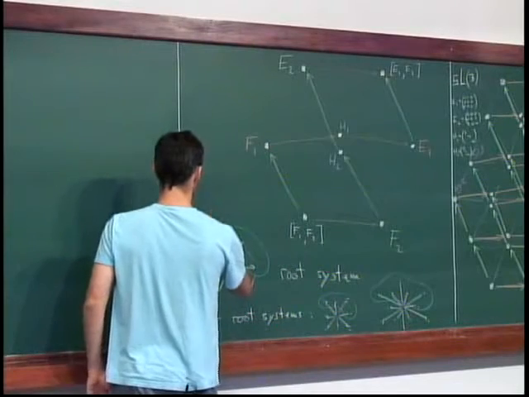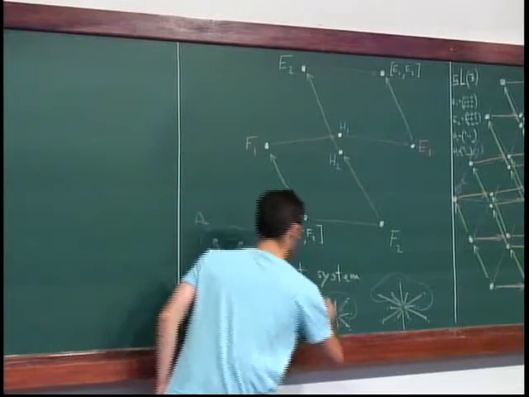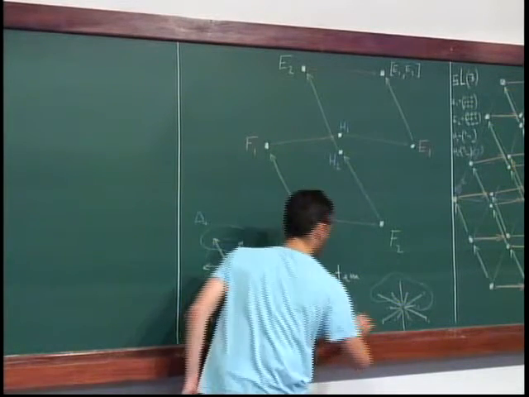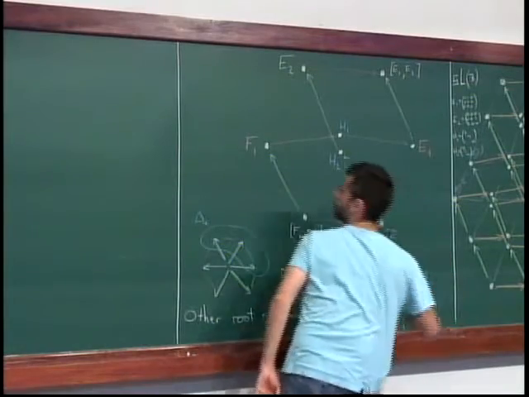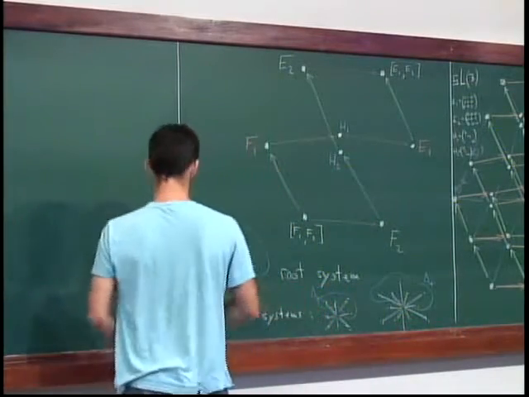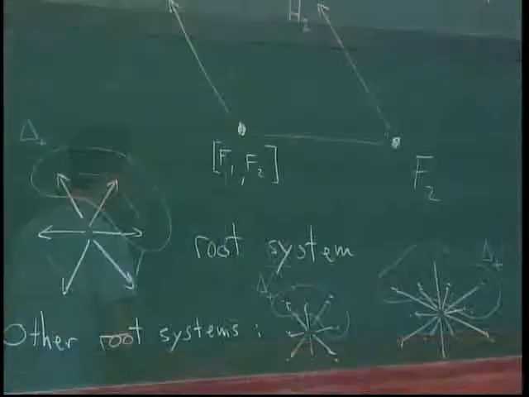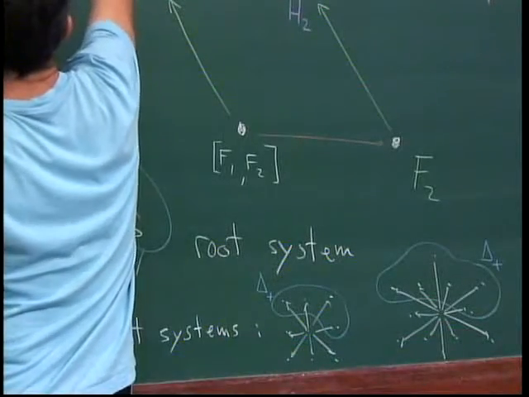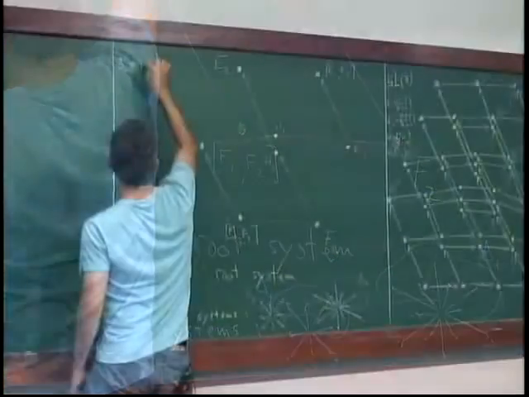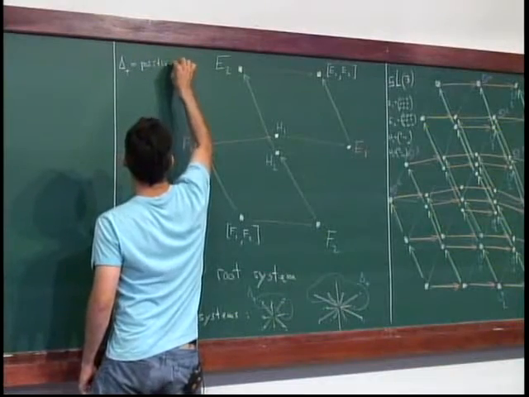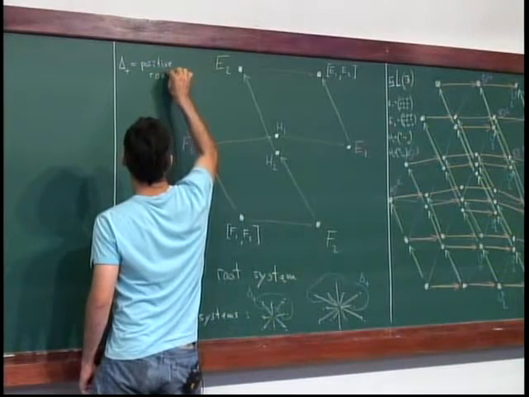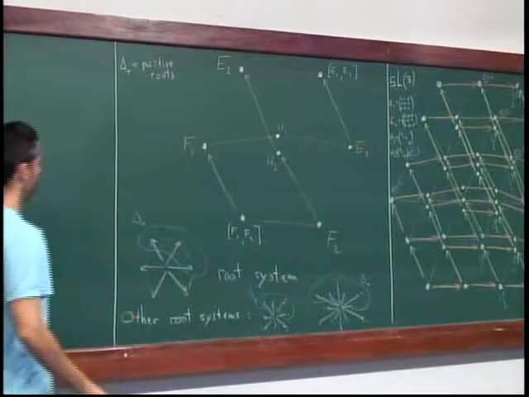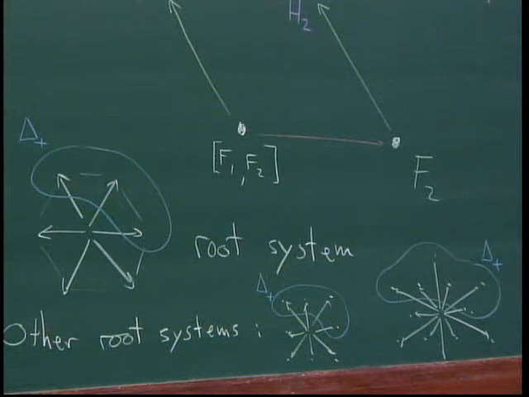It's denoted delta plus. Delta plus is the set of positive roots. In this example, delta plus is just E on its own.